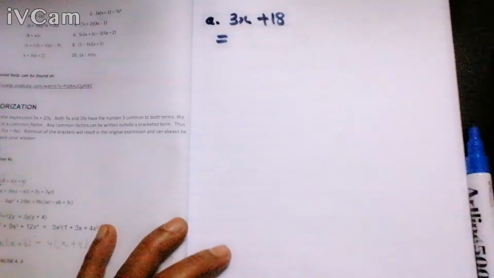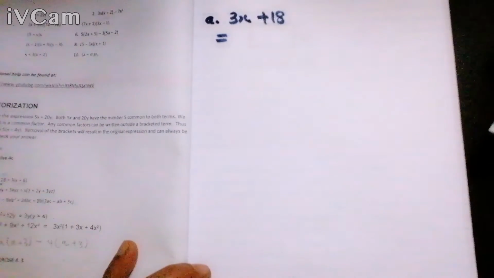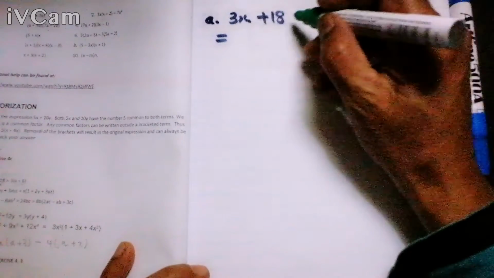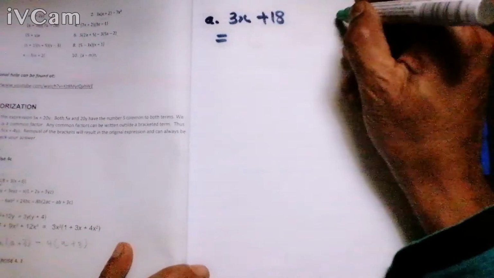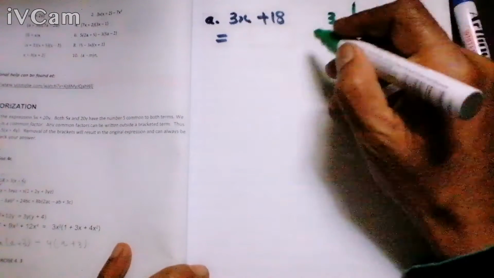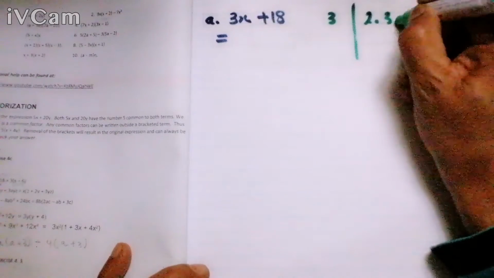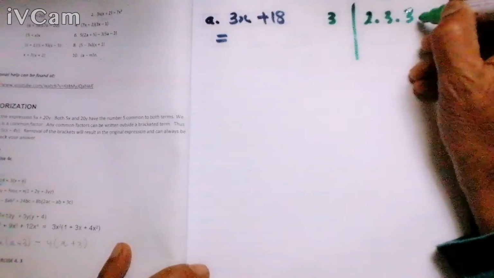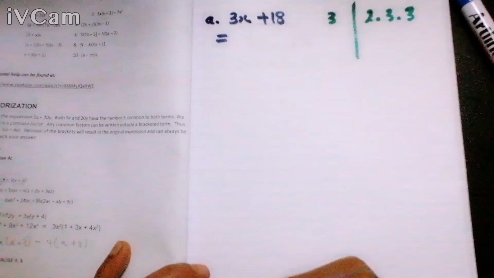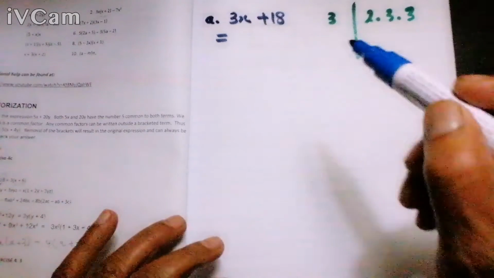And if you look at the numbers, and factorize them in terms of 3, it's just going to be 3 times 1, so that's going to be 3. And 18 is going to be 2 times 3, which is 6, times 3, which is 18. So what is common to these both?